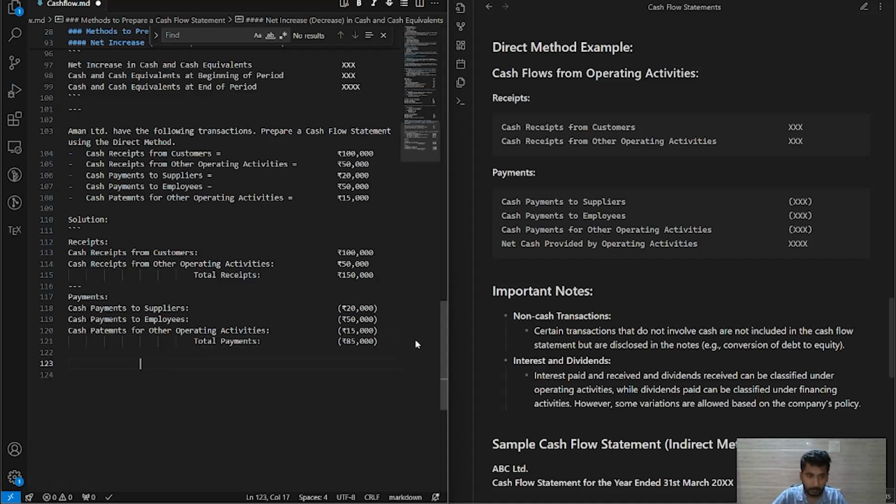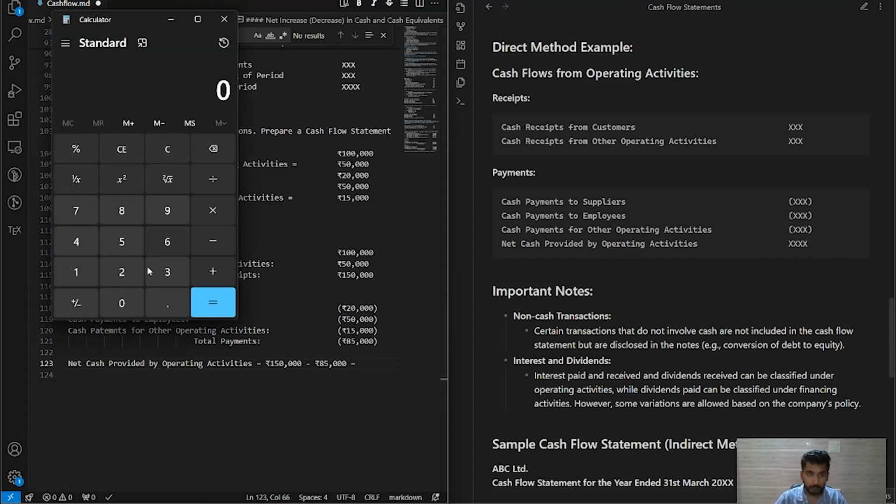Okay. The net cash provided by operating activities will be equal to 1,50,000 minus 85,000, which is 65,000.